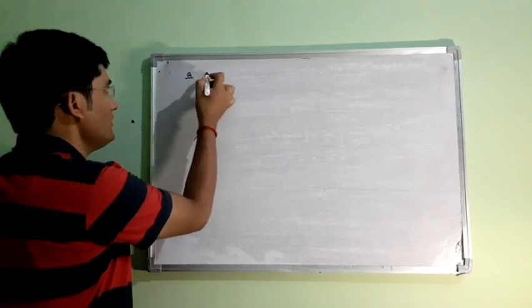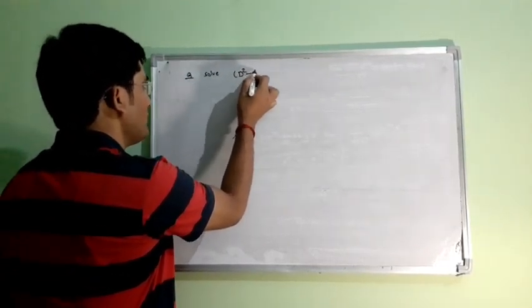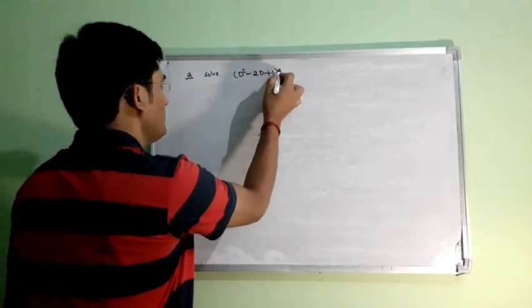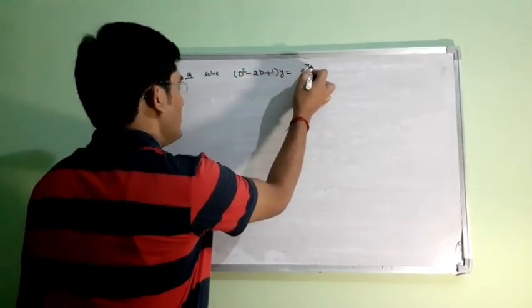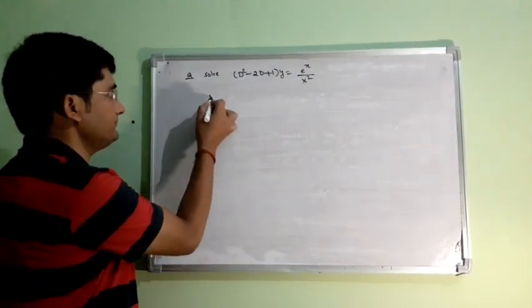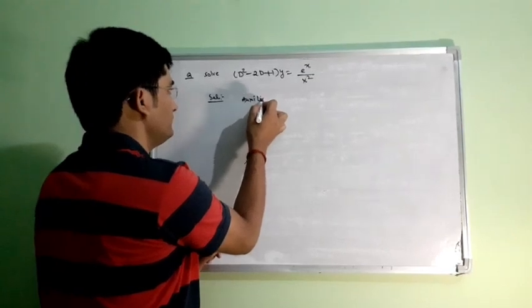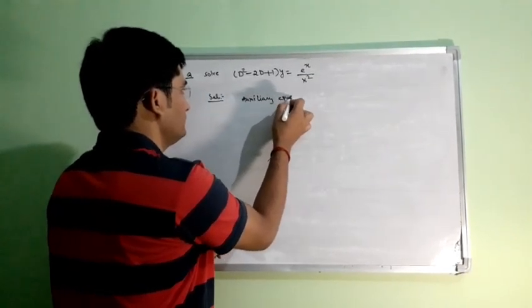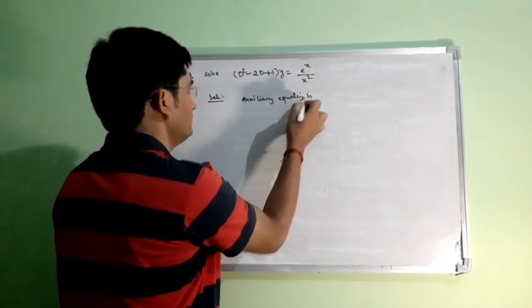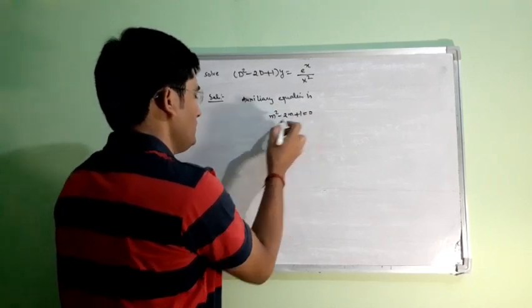So the first question is: solve (D square minus 2D plus 1) y equal to e to the power x upon x square. Solution: your auxiliary equation will be m square minus 2m plus 1 equal to 0.